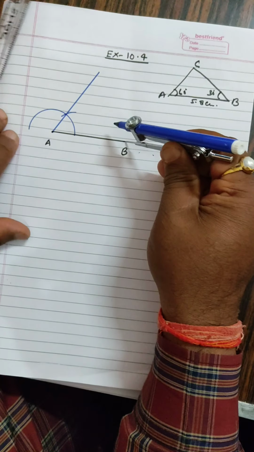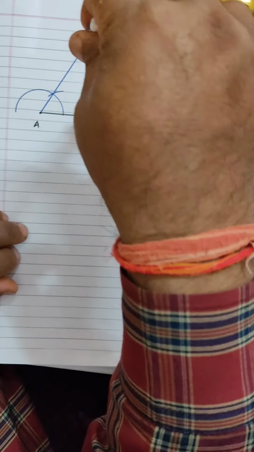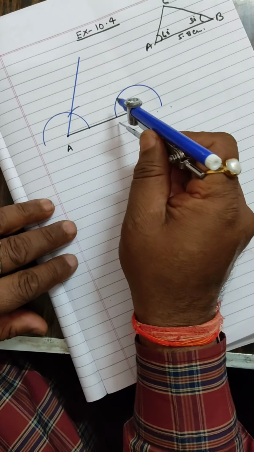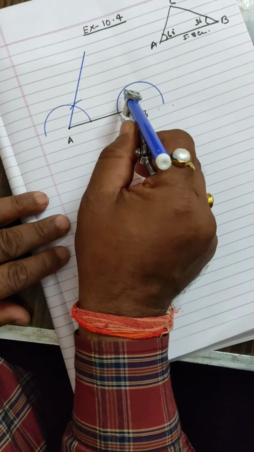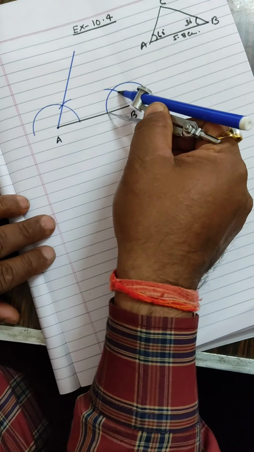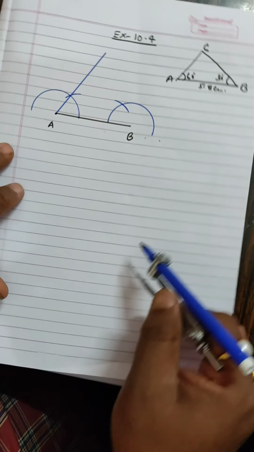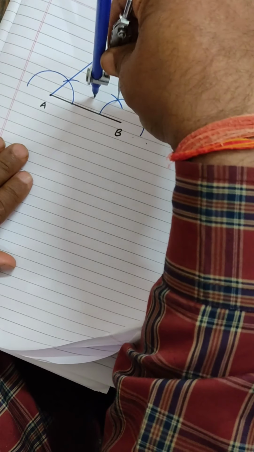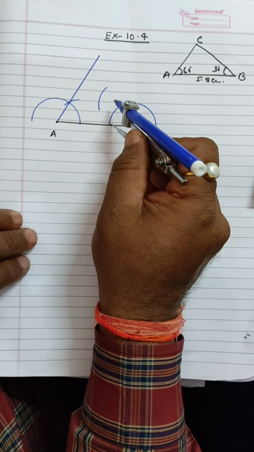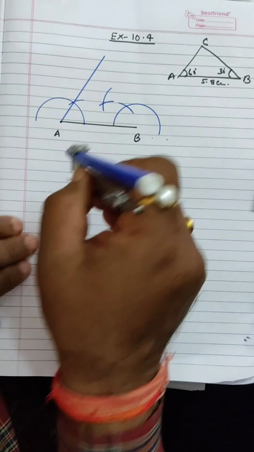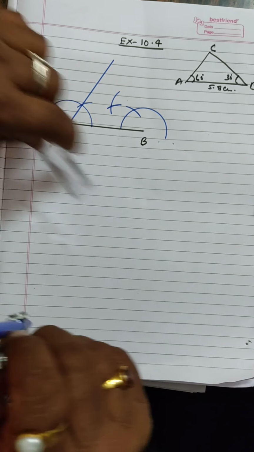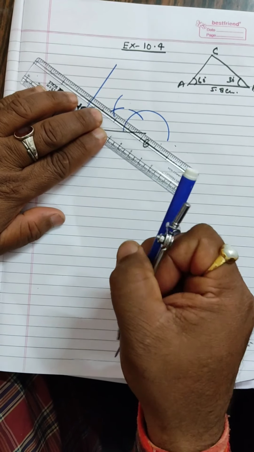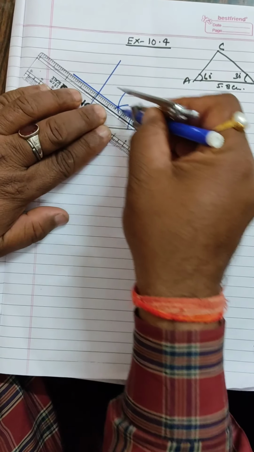Again we construct 30 degree at the point B. At first we draw an arc that makes angle of 60 degree. Then we bisect the angle like this and draw the line segment.